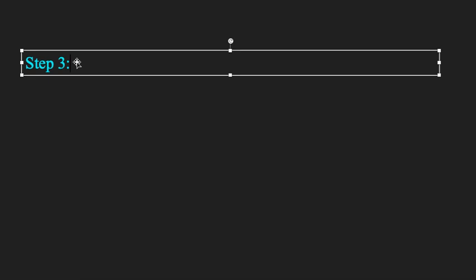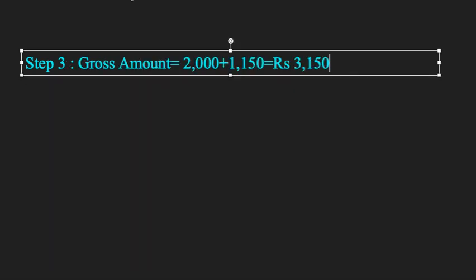Now if we see the outstanding balance of the previous year, that is on 31st/12/2015, it was how much? It was 2000 rupees, and the first installment which is paid on 31st/12/2015 is how much? 1150, and hence the gross amount here will be how much? 2000 plus 1150, and hence the gross amount is how much?